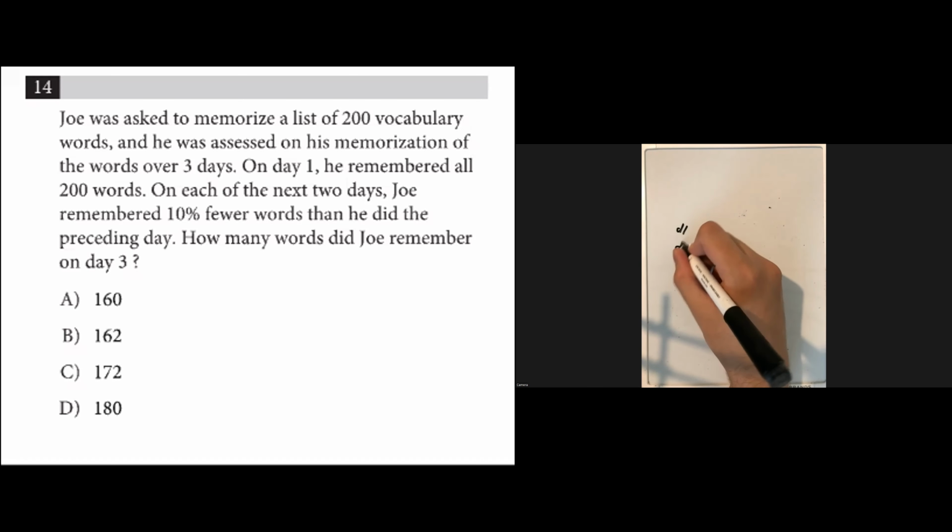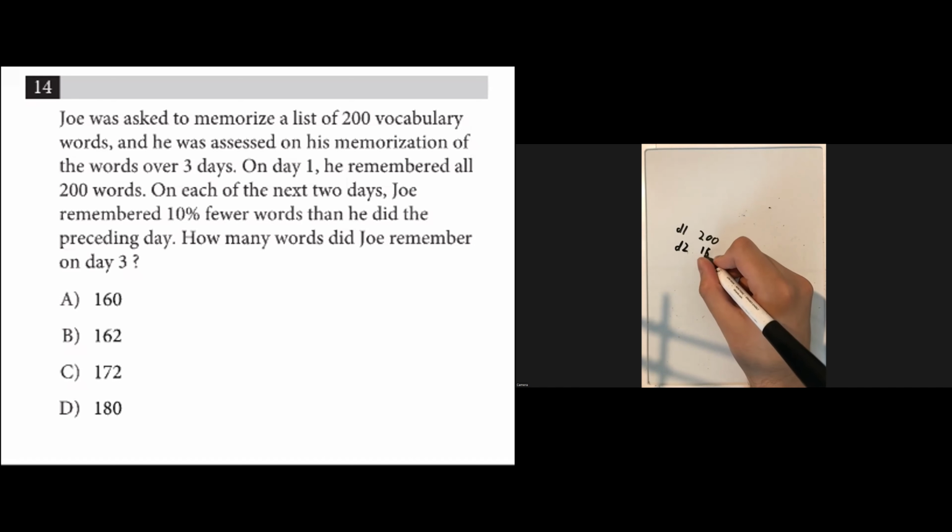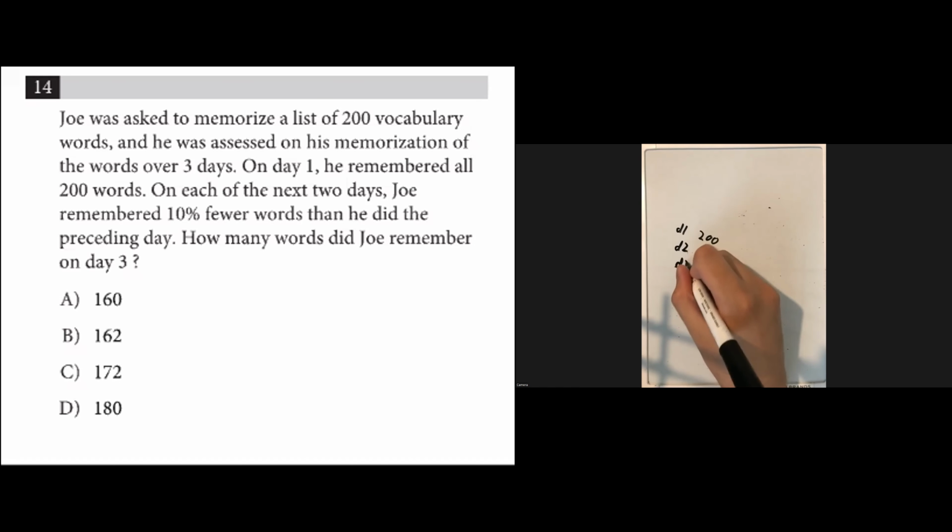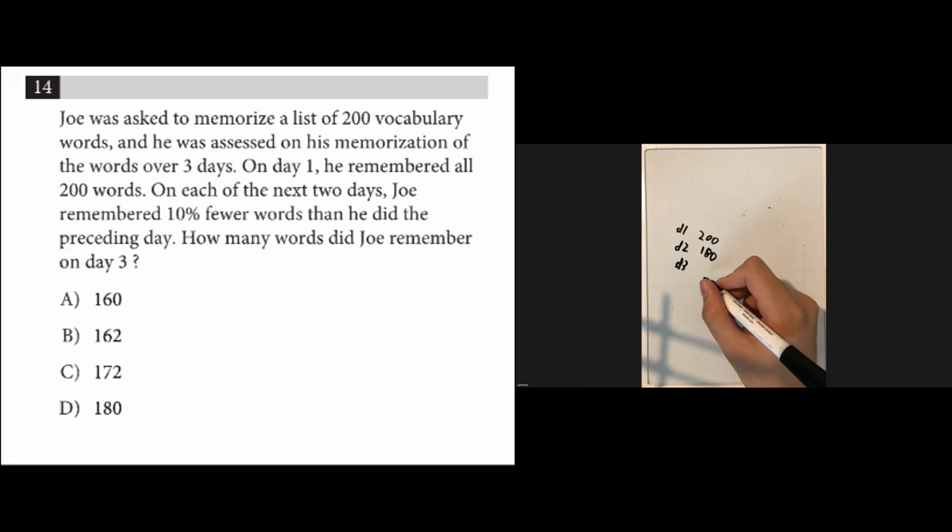Day two, he remembered 90% of 200, which is just 180. And then on day three, he remembered 90% of 180, which is just 162, because 180 times 0.9 is 162.